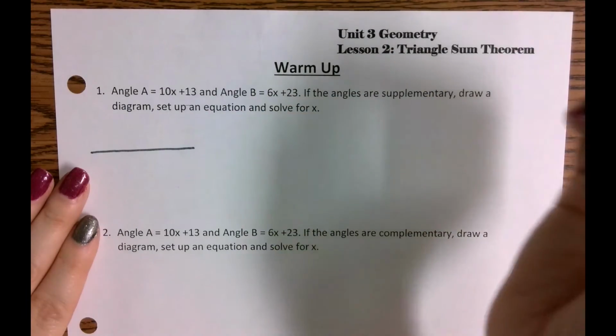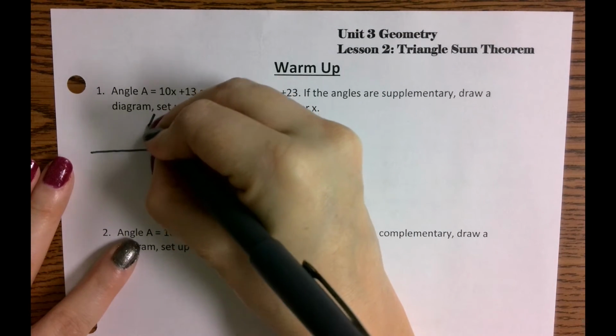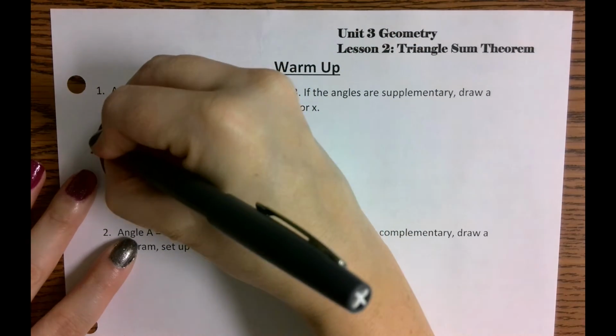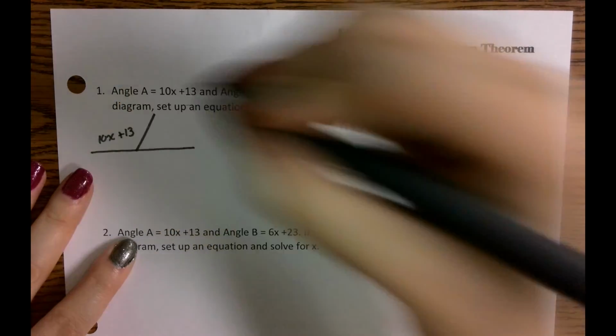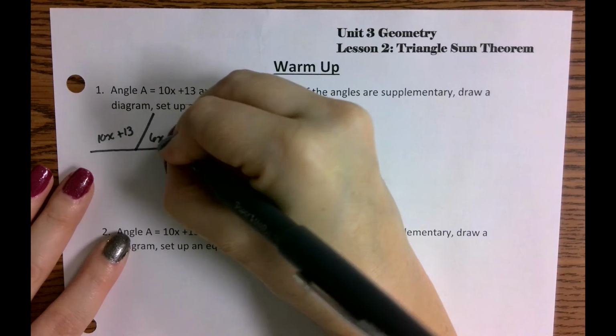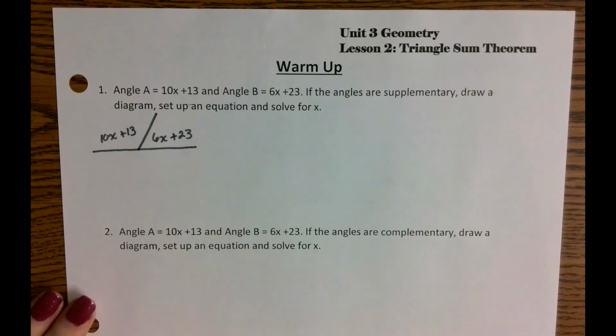So it probably looks something like this, where you've got angle A, which is 10x plus 13, and then angle B, which is 6x plus 23. Okay, so there is the diagram.